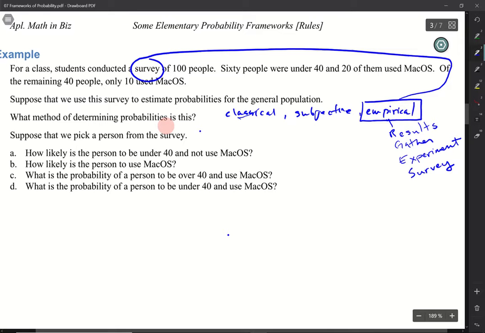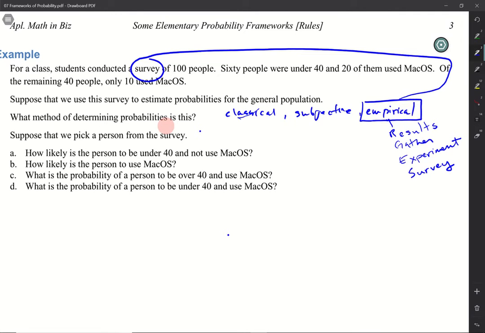So before you conduct the survey, do you really know? Well, you might guess, you might have an idea, but after you conduct the experiment, a posteriori, afterwards, you have the data and then you know. So sometimes people will use contingency tables to find probabilities. You do an experiment and then you find probabilities afterwards.